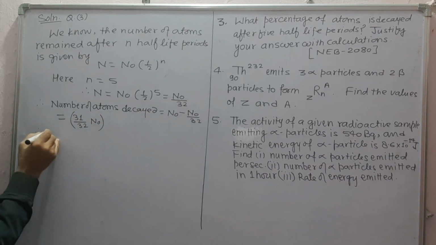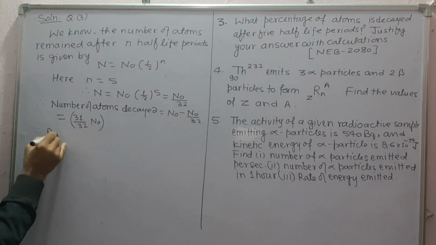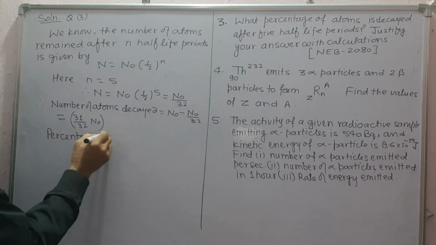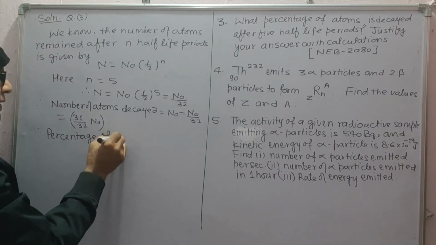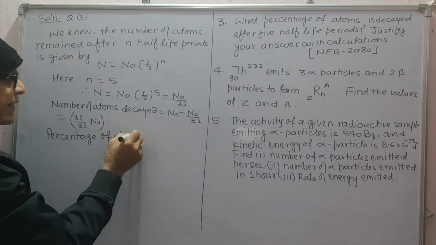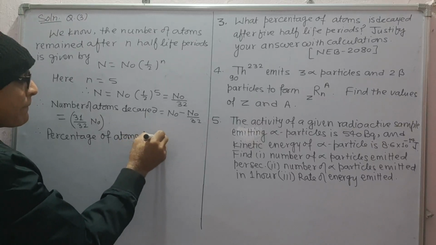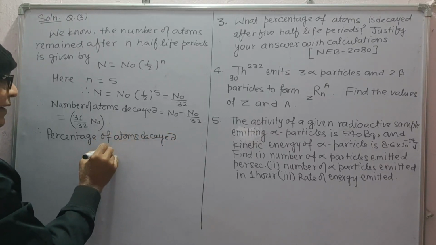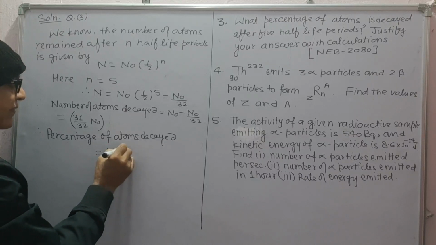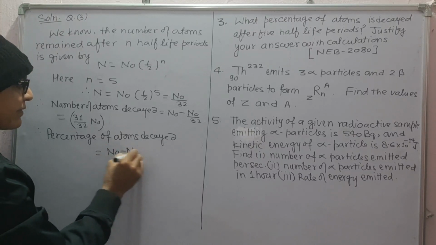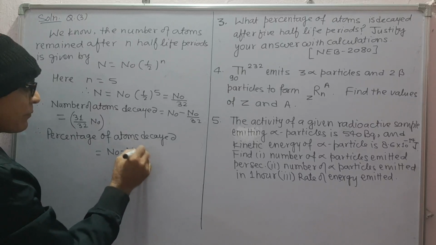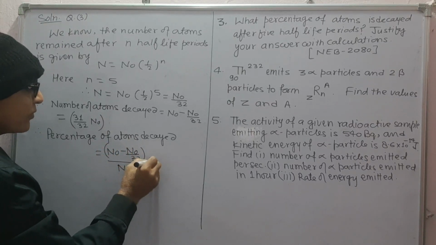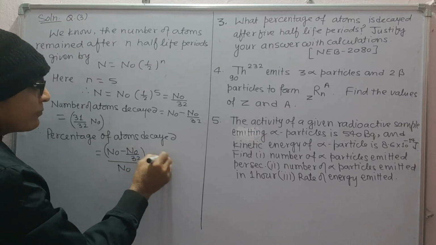And therefore, percentage of atoms decayed will be equal to N naught minus N naught by 32 upon N naught into 100.